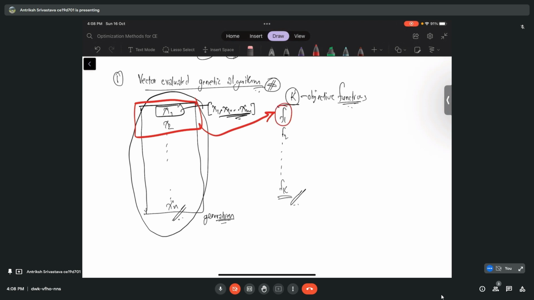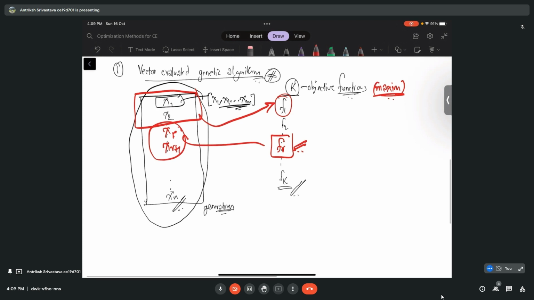So let's say if you were to maximize f1, f2, fk, so this is a maximization problem. Then you use x1 and x2 for f1, and some xr and xr plus 1 you use for fr, something like that. So what will happen in this case?